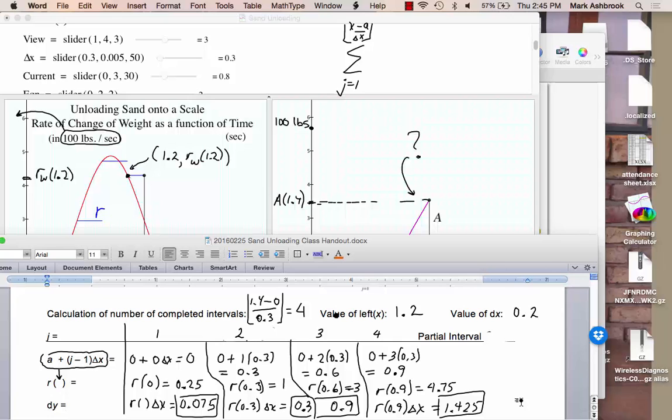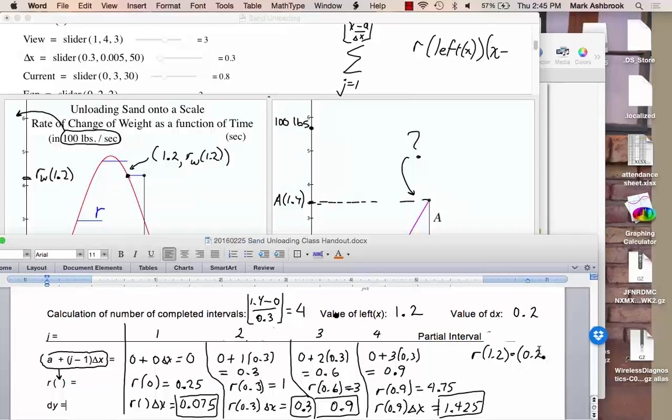Now what? Partial interval. Partial interval. It does r of left of x times x minus left of x. So what was left of x? We already found that. 1.2. So it's going to do r of 1.2. What's x minus left of x? That's our dx, right? It's not a full interval this time, so it's times the 0.2.